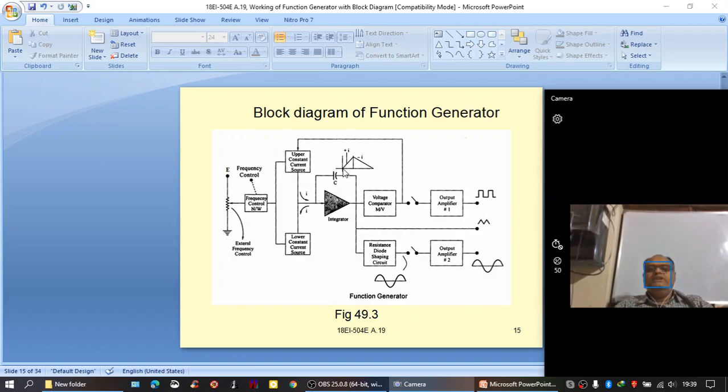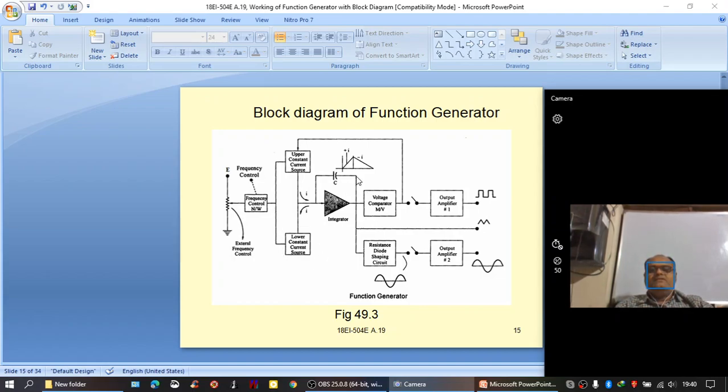Once again, because the voltage on the capacitor is 0 now and the positive current is applied to the capacitor, the capacitor starts the next positive cycle, that is low to high. And the moment the capacitor charges to full value, once again the output of the voltage comparator multivibrator will change from high to low, which turns off the upper constant current source and turns on the lower constant current source.